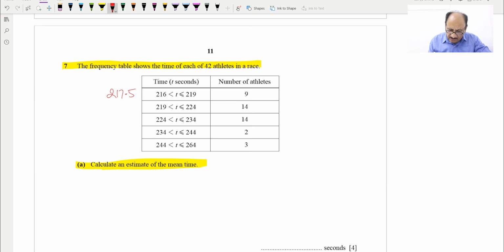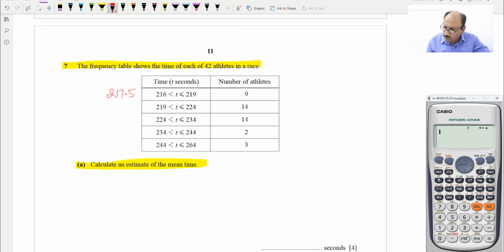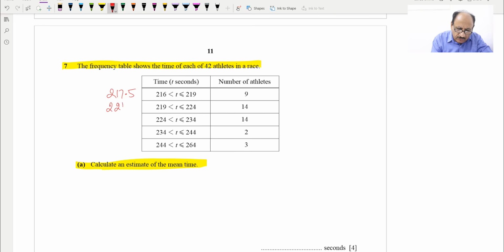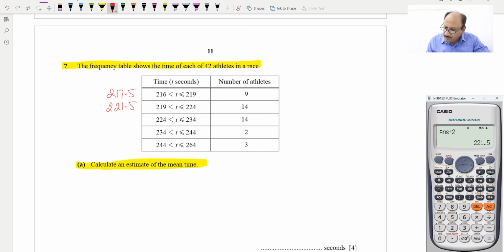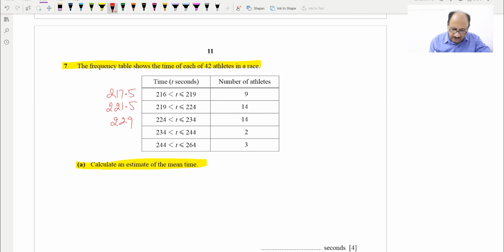Then 219 plus 224, divided by 2, gives us 221.5. Next, 224 plus 234 divided by 2 is equal to 229.